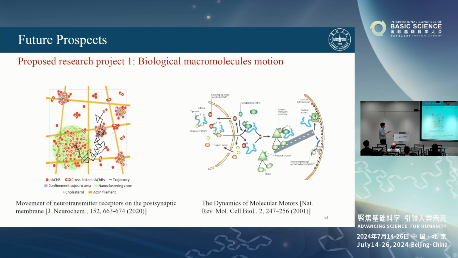Also more biological macromolecular motion: we use our existing mathematical frameworks to extend the results to get more applications in the biological background, such as biological macromolecular diffusion, using stochastics to characterize it.